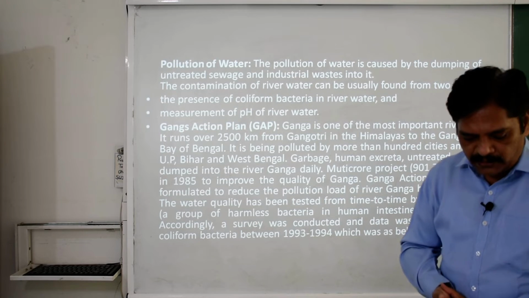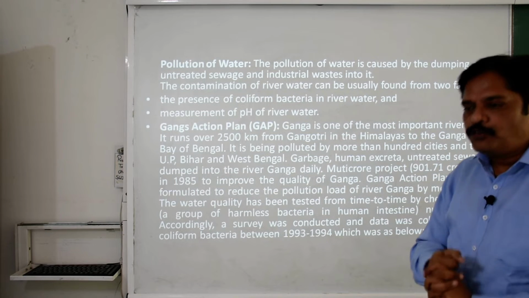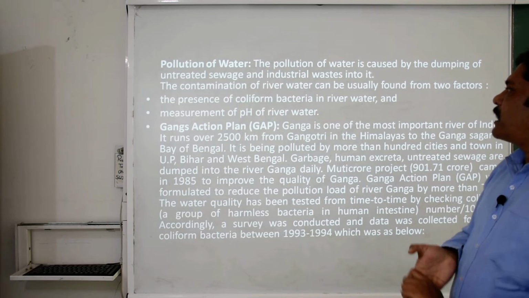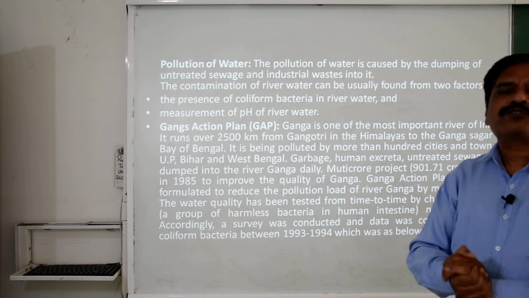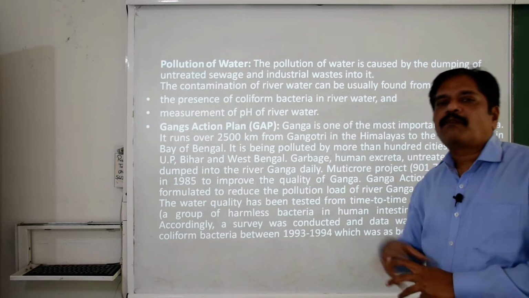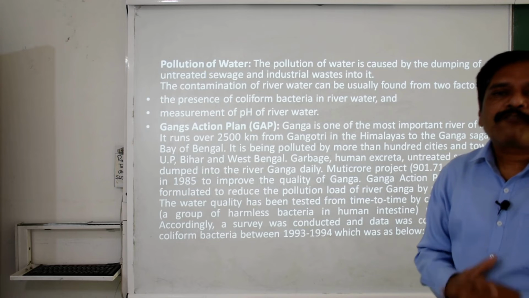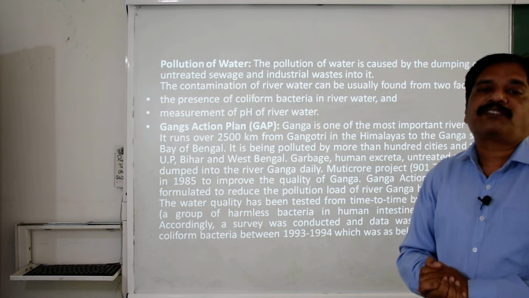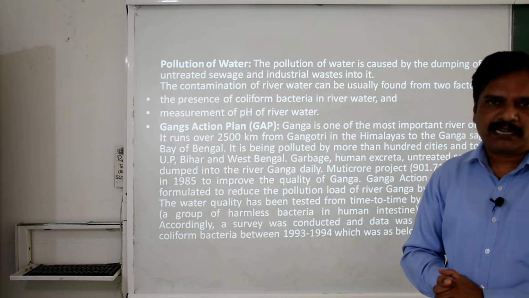Okay, how can we confirm the pollution of the water? First of all, by the presence of coliform bacteria in the river water, as well as the measurement of the pH of the river water. I think you are familiar with coliform bacteria. Actually, coliform bacteria is a symbiotic bacteria which is basically present in our alimentary canal, the human alimentary canal.